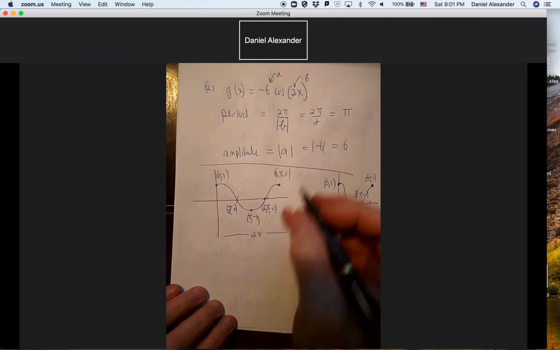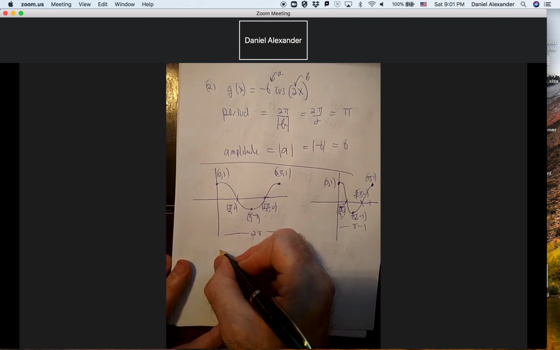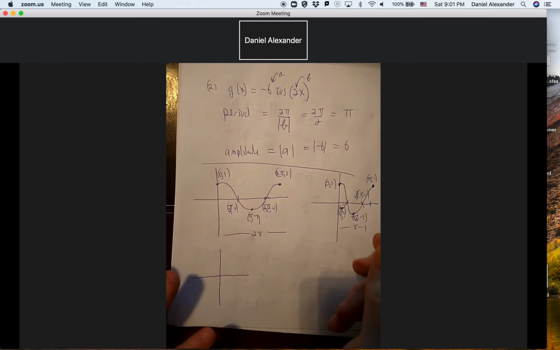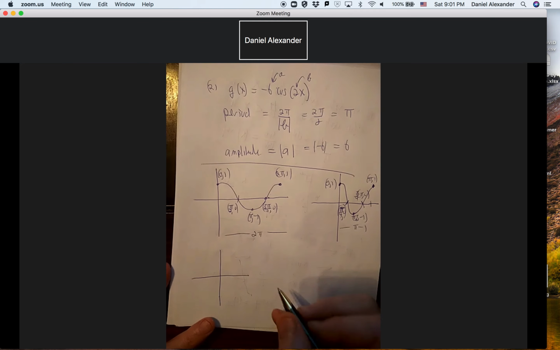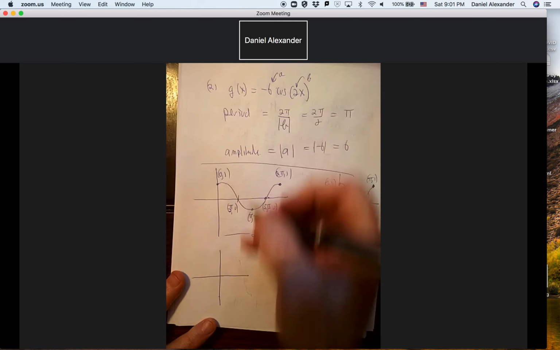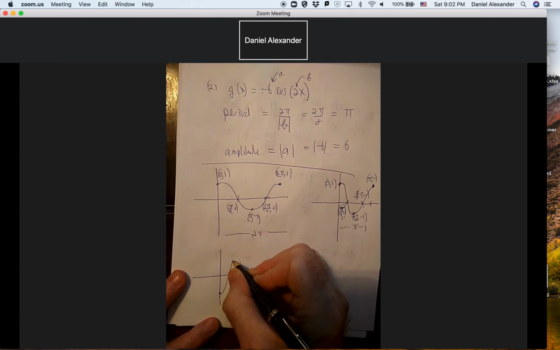Okay. So now we're going to do the minus 6. That's going to flip everything across the x-axis. So it's going to go like this. And then it's going to be minus 6. So first we'll do the minus to flip it. So it's going to look like this. Just the opposite.